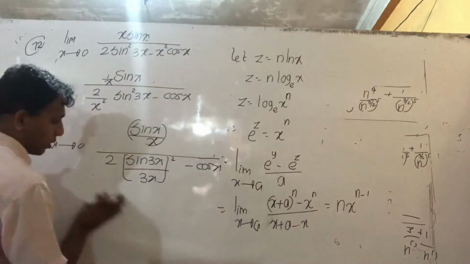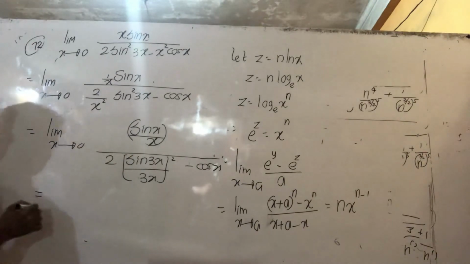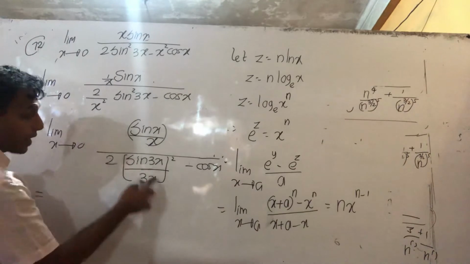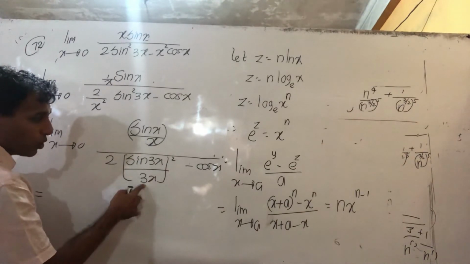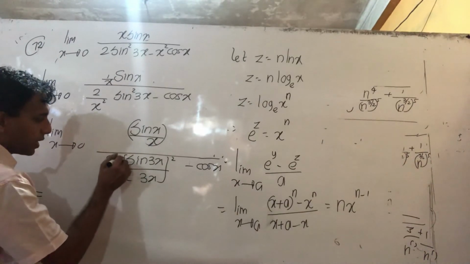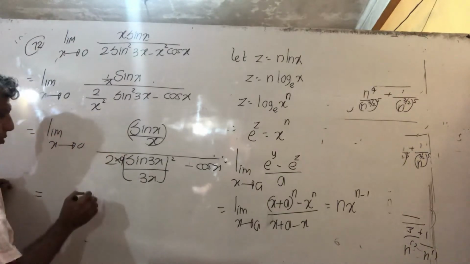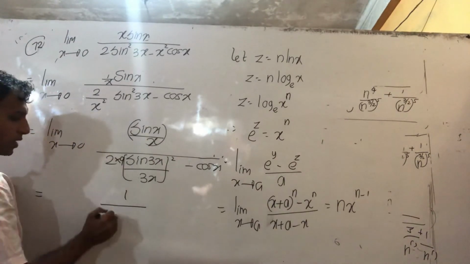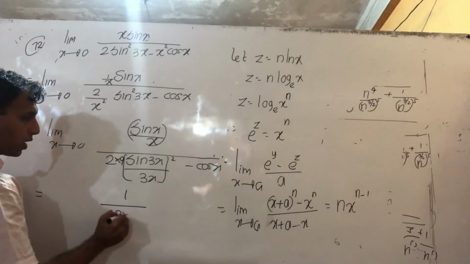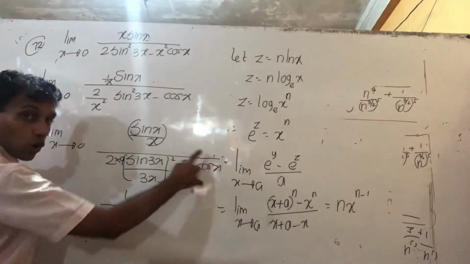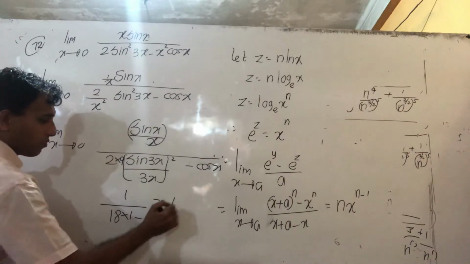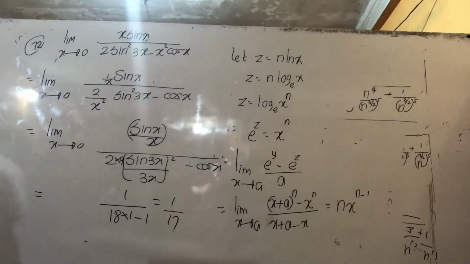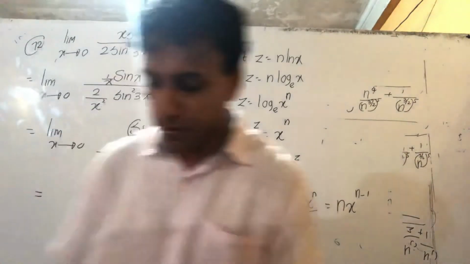Now check any other alteration, additional parts available here. Check, will you? 2 is okay, x square okay, 9, there's a 9, no 9, so multiply 9. Now apply the answer, sin theta over theta 1, here what, 18 into 1 minus cos naught 1, so answer 1 over 17, right? 1 over 17 is the answer.